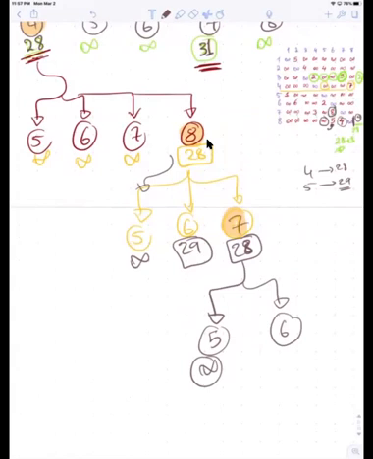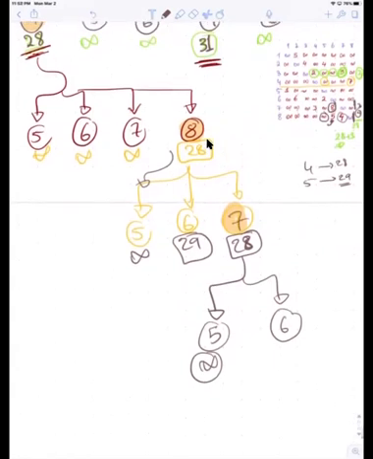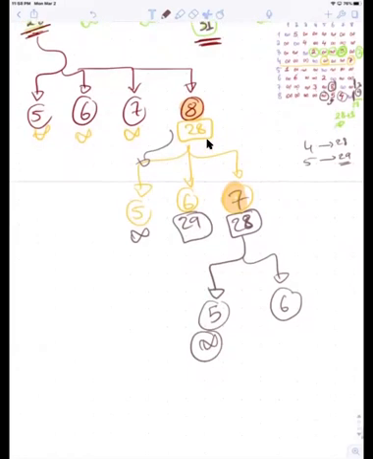So 8 was not the minimum of the row, because the minimum of the row is 3. That means that I will have to add 8 minus 3, which is 5, to the 28. So this one is 28 plus 5, this is 33.